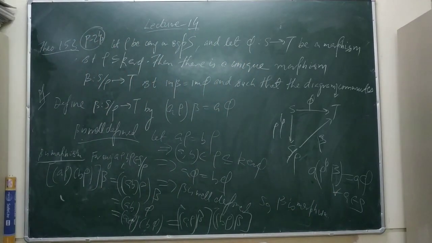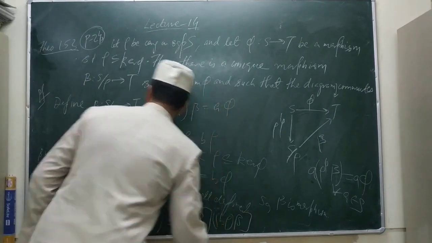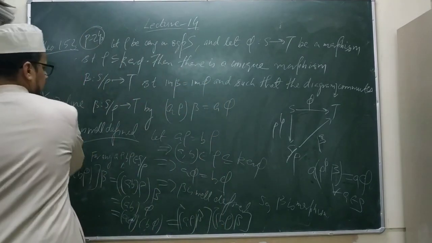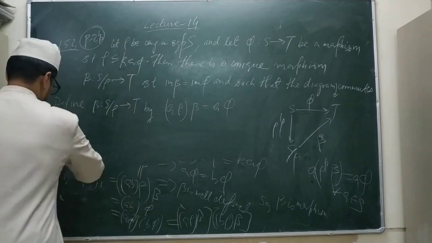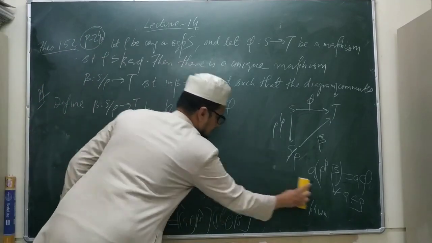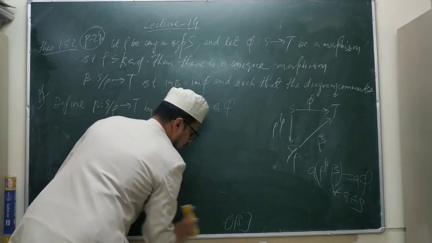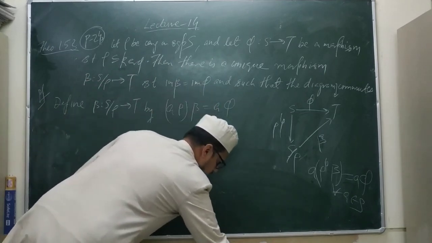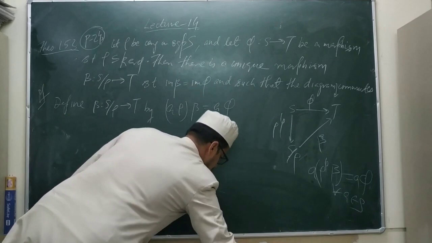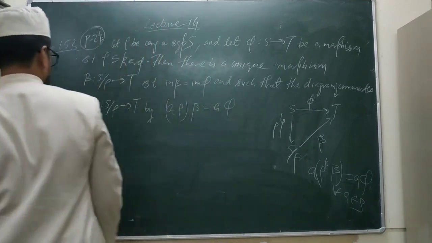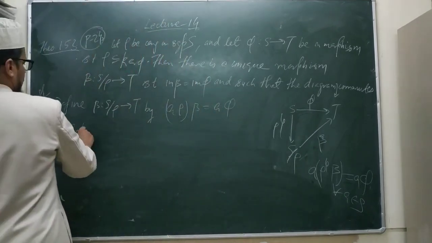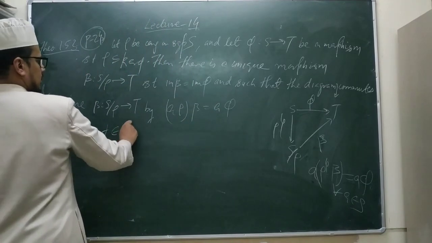Now what we have to prove? We have to prove that image beta is equal to image phi. So see how we prove it. Take T belongs to image beta.